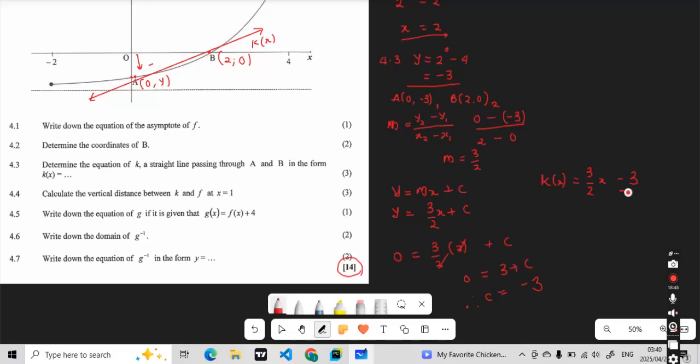Yes, it does make sense, because this is our y-intercept. And where is the y-intercept? It is at a. And what is the coordinate of a? Okay, let me write the coordinates of a nicely: 0, minus 3. So it does make sense.